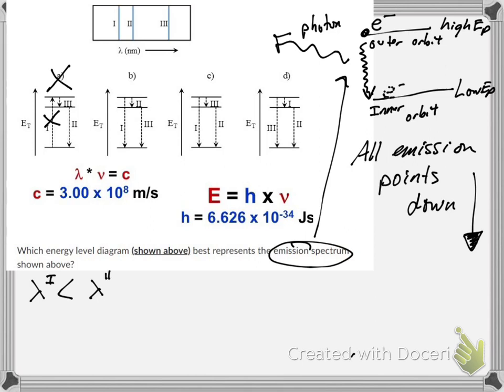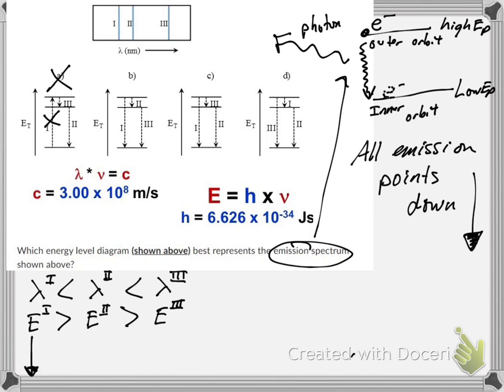So Roman numeral 1, the lambda 1 is lower than lambda 2, and lambda 3 is the longest, right? It's the biggest value of lambda, which means energy 1 is greatest, energy 2 is the next, and then the lowest energy is energy 3 because of the inverse relationship between energy and wavelength.